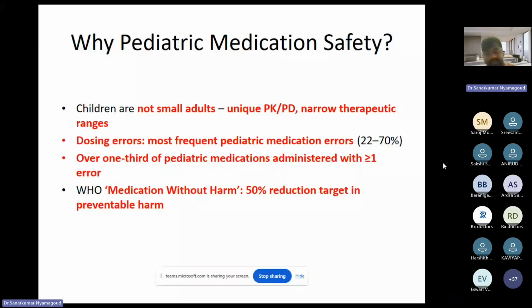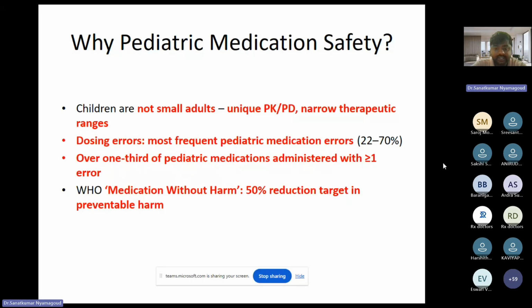So you can calculate what the prevalence of medication errors in pediatrics will be. Because of this, the WHO has come up with a term called medication without harm. So provide a medication, but it should not cause any harm to the patient.